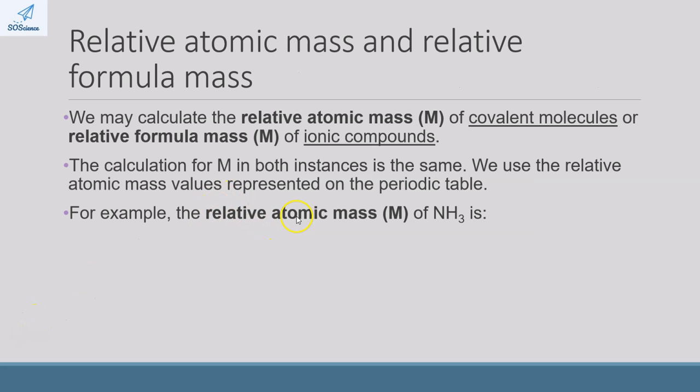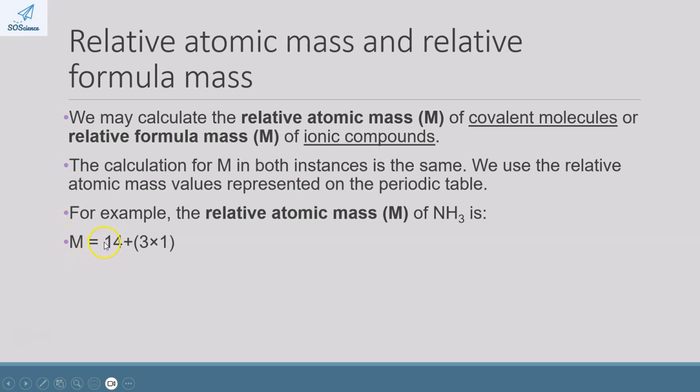So let's work out the relative atomic mass, capital M, of NH3. The reason I call it the relative atomic mass and not the relative formula mass is because NH3 is made up of nonmetals, therefore it is covalently bonded. Either way, the calculation is the same, and it has to be set out as follows.